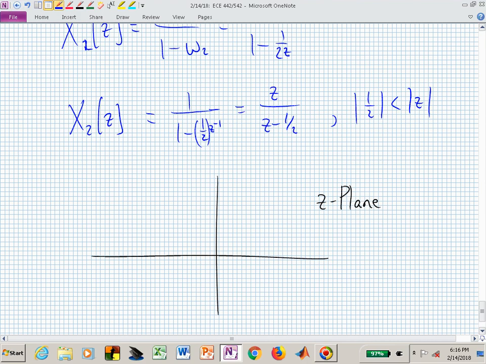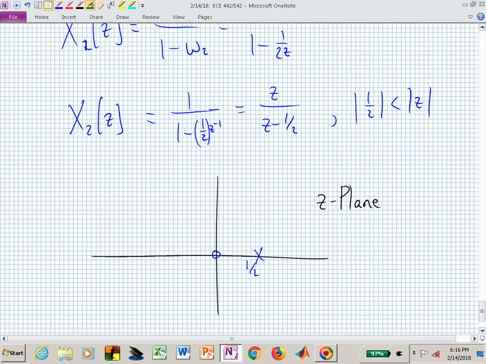In case 1, the zeros just essentially tell us how the system is interconnected with the outside world. The poles tell us how it's shaking, how it's moving. We have a 0 at the origin. Where's our pole? It's at 1/2.